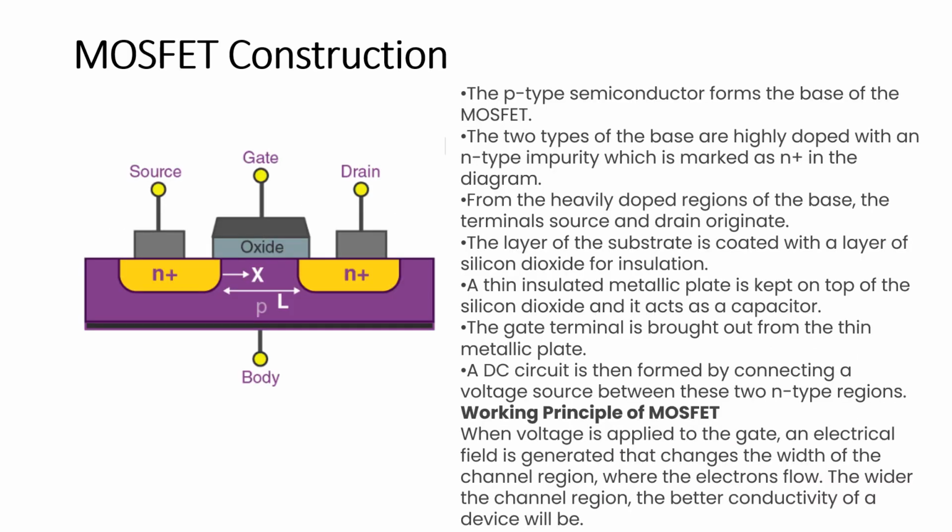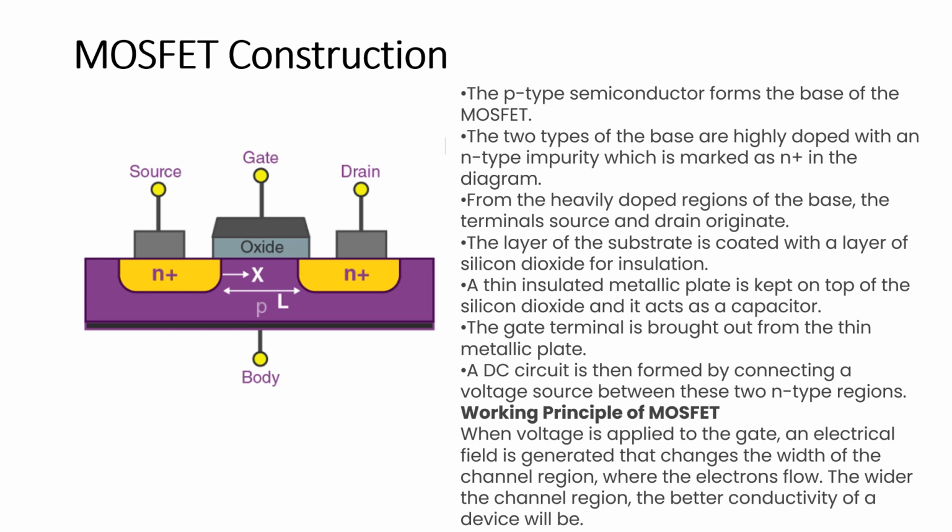Next, this is the construction of a MOSFET, or we can also call it a cross section of a MOSFET, which shows the NMOS transistor. In order to construct an NMOS transistor, the substrate will be P-type and the source and drain diffusions will be N-type. Here they are named N plus diffusions, which are highly doped.